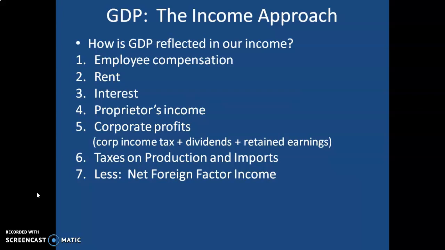We want to subtract that out because the whole purpose of GDP is to measure production within a country. So if we're earning income from production that is outside of the United States, we have to factor that out. So we call that the net foreign factor income, which is a subtraction from the income approach of GDP.